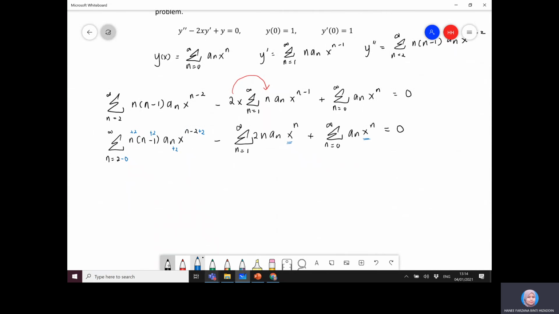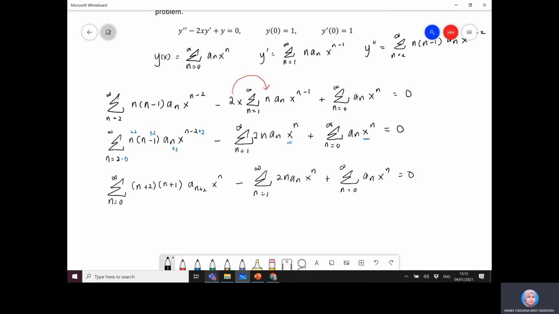So now we have the series, the first one starting from n equals to 0, with n plus 2, n plus 1, a sub n plus 2, x to the n, then n starting from 1 to infinity, n, a_n, x to the n, plus this one.